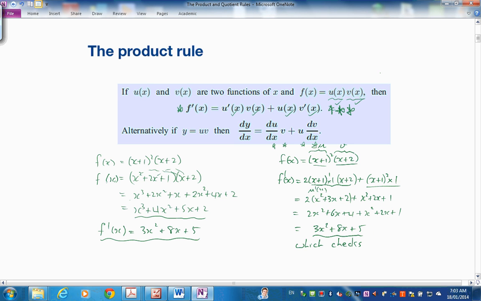So thinking, come up here to this line again, thinking here what? Derivative of the first times second function unchanged plus first function unchanged times derivative of the second.